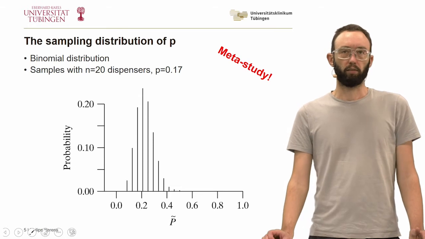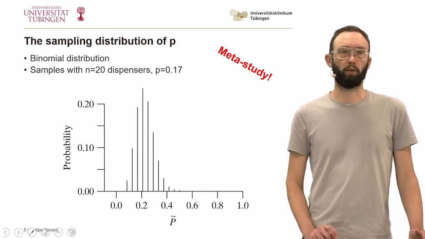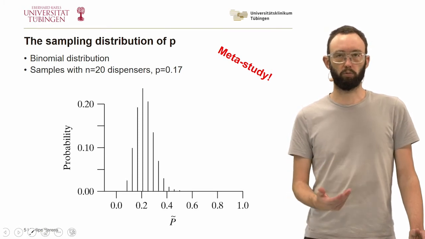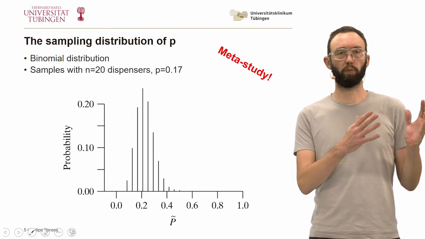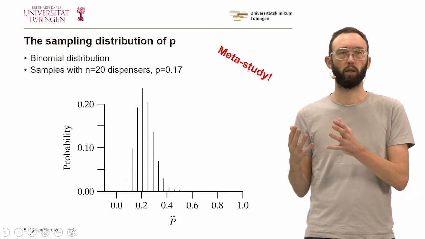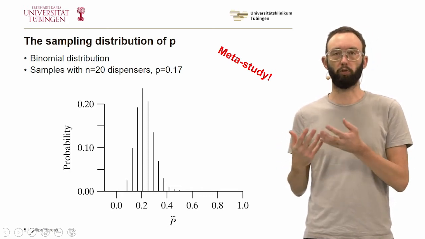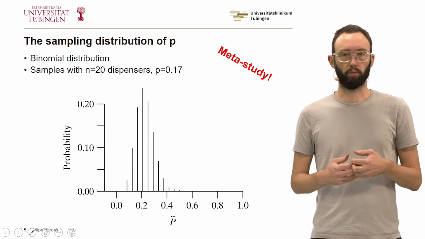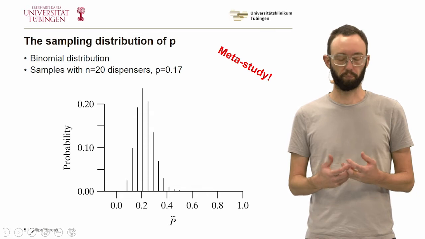We can take, as we have done many times now, the point of view of a meta-study. We can ask, if we are in our statistical setting that we have a population that is an abstract quantity and we observe a limited sample and we want to go back, we need to look at the sampling distribution of this probability that occurs when we repeat the same study many, many times.